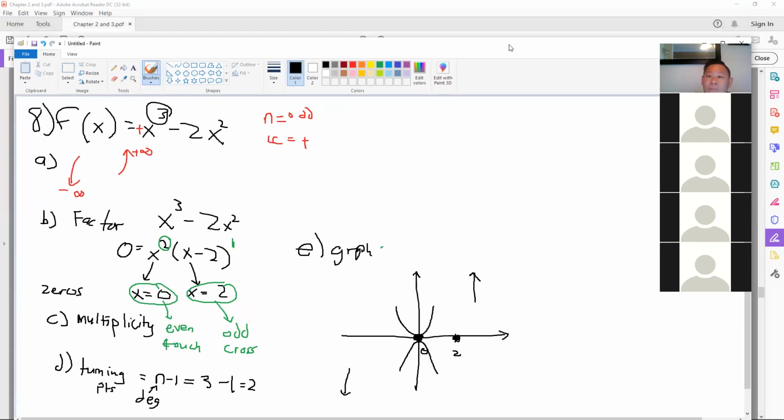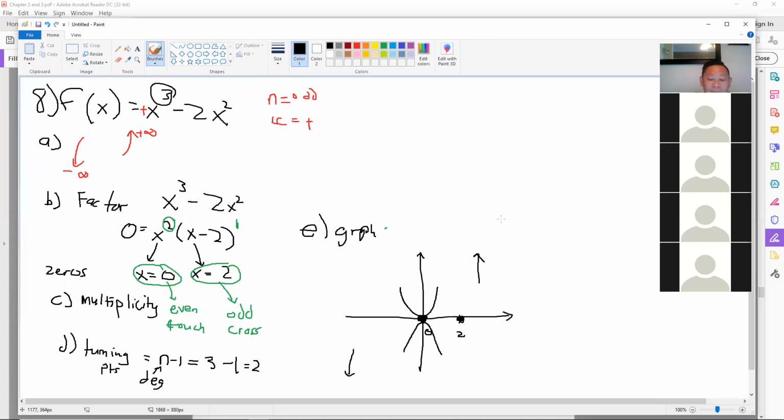You guys are quiet. I think it's going to go down. Why is it going to go down? Because then it would match with the entire graph. Because on part A, you told me that the left side is going down, right? So that means this side will be going down like this. If you go up, then it's not the same as A, because A told me you go down on the left side.